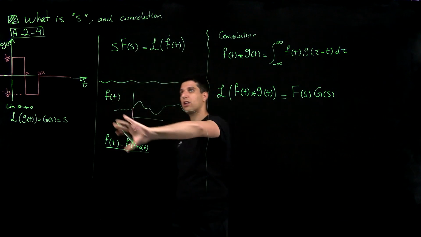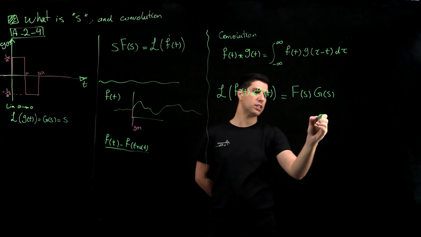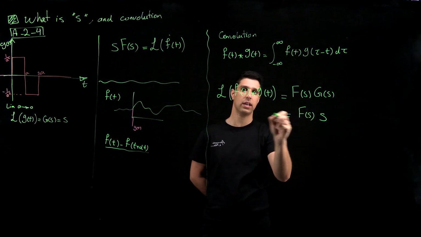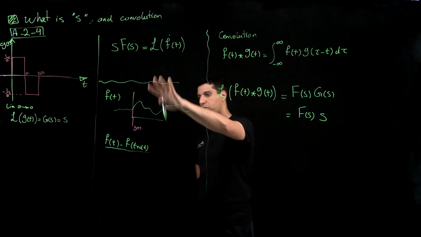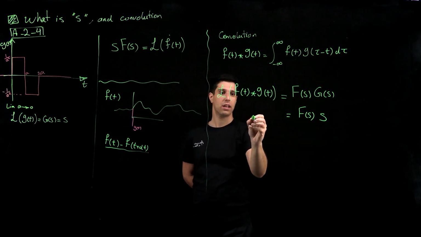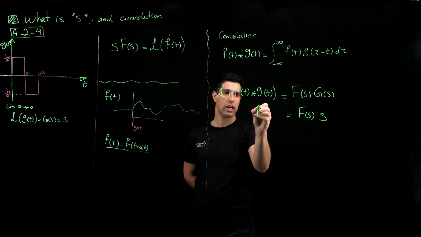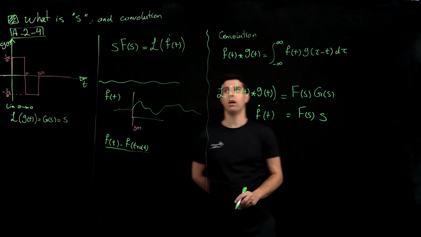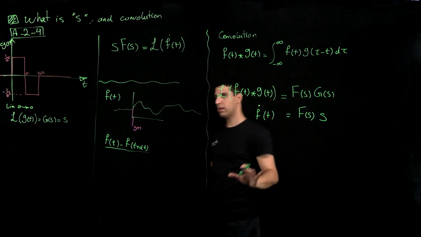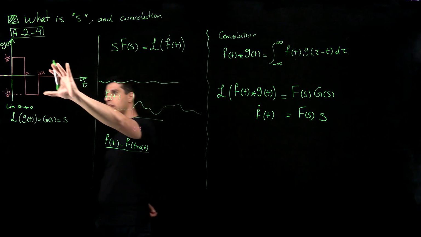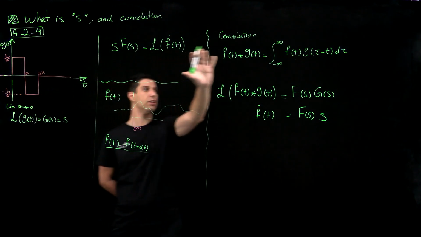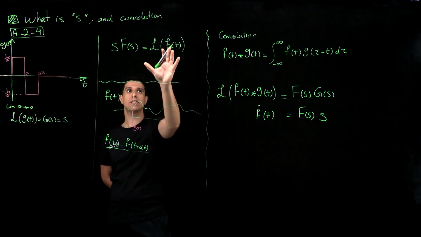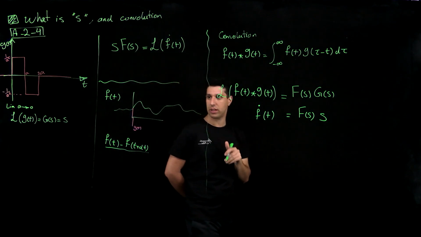And going back, closing the loop, this one was s F of s, and here we saw through all of that that this is f dot. So that is the relation between the definition of convolution and the meaning of s being a time derivative.